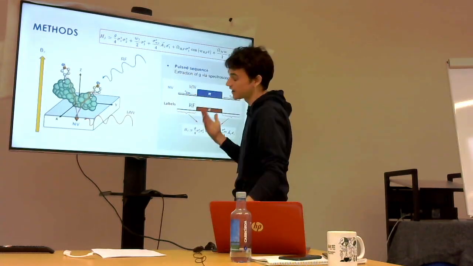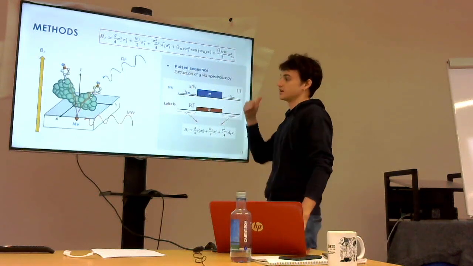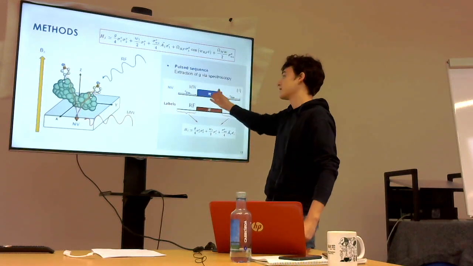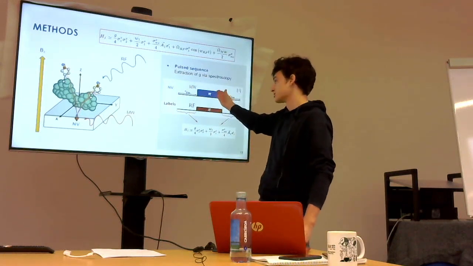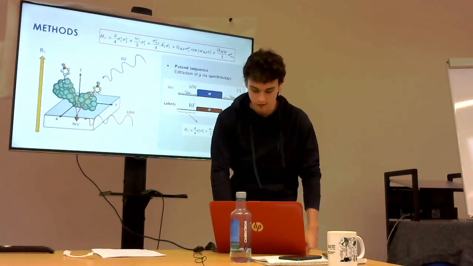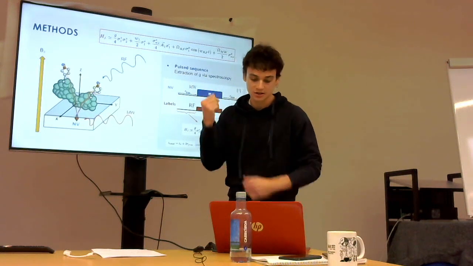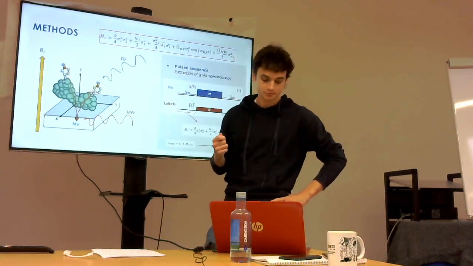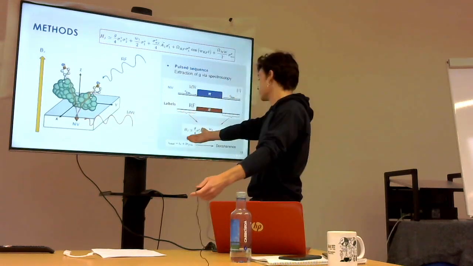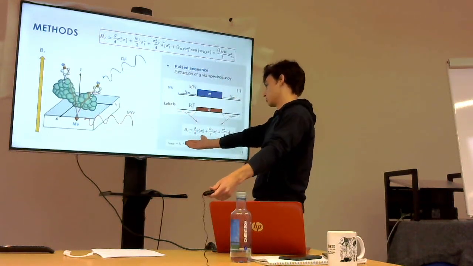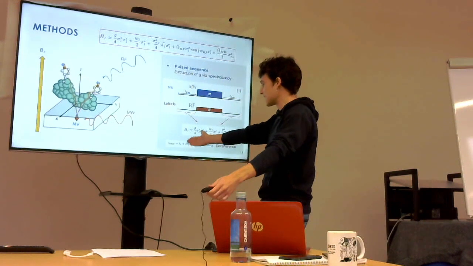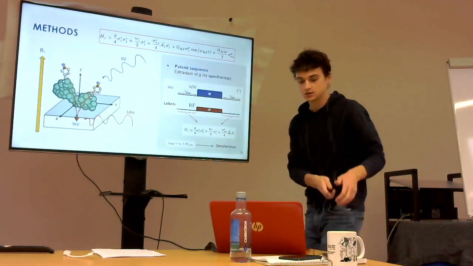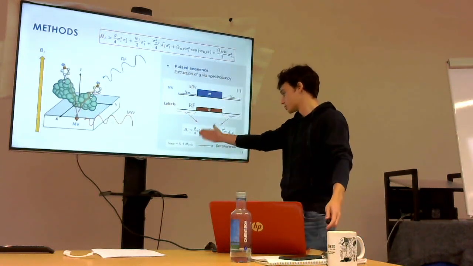But apart from this, we have to take into account that we need to apply the drivings to our system, and that these drivings will have a certain duration, which will be determined by imposing that they have to act as pi pulses. So the total time will be the sum of this pi pulse plus the sum of the free evolution time.